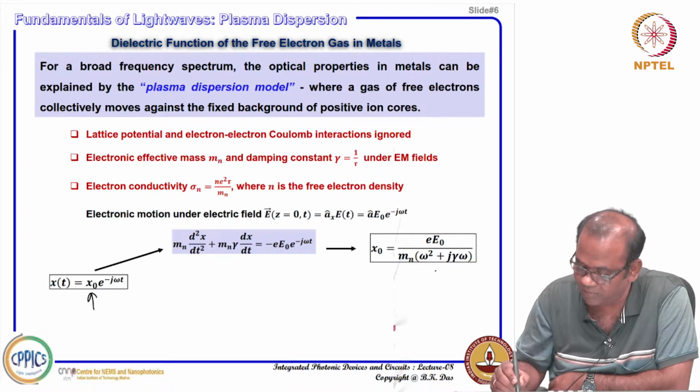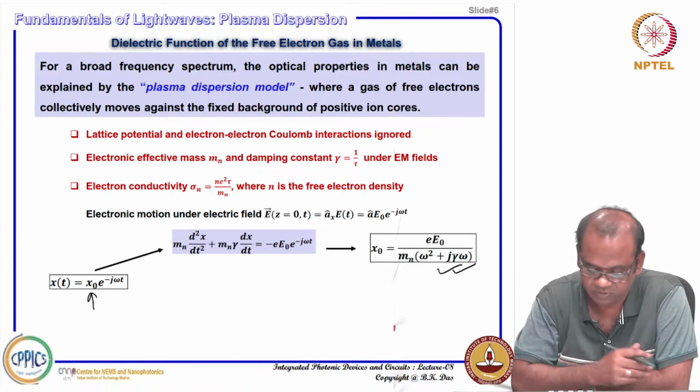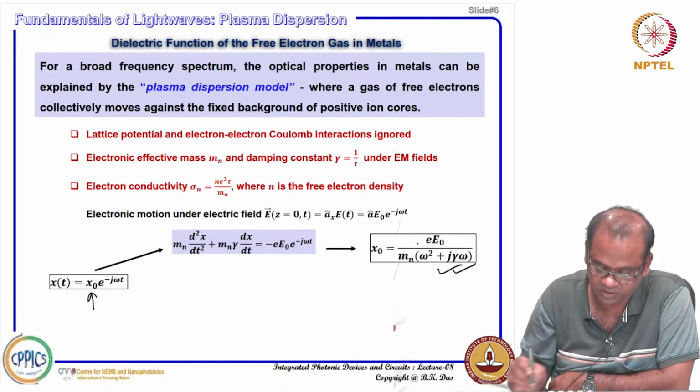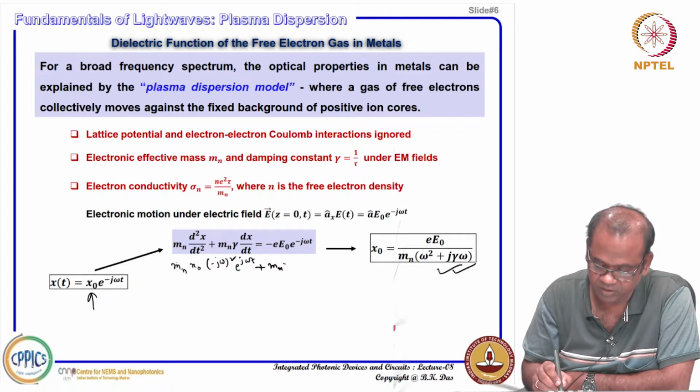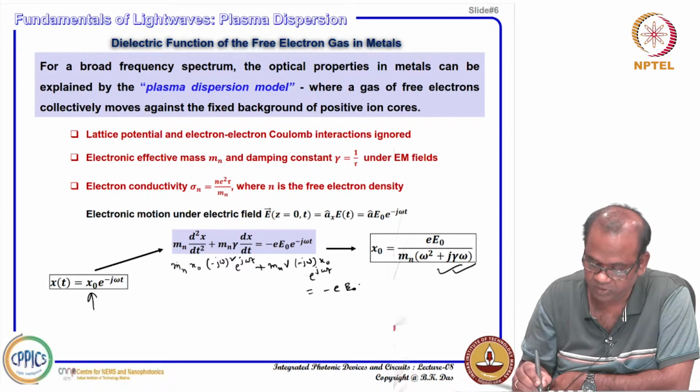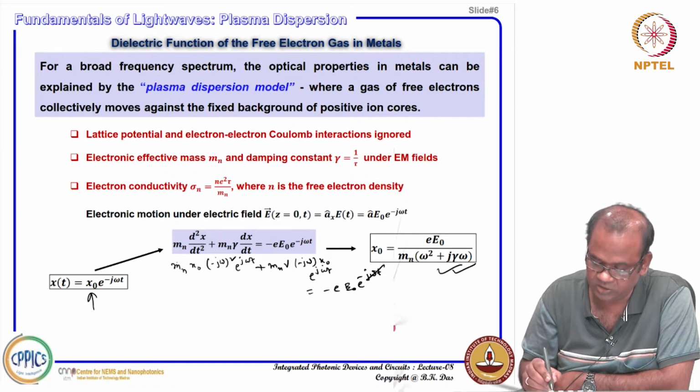If you substitute here, you get the e^(jωt) terms: m times x0 times (−ω²) e^(jωt), plus mγ times (−jω) x0 e^(jωt), and on the right-hand side −E0 e^(−jωt)... and the exponential terms cancel.